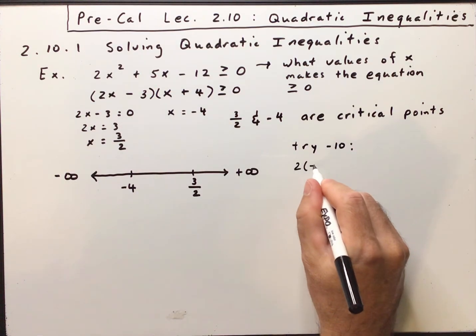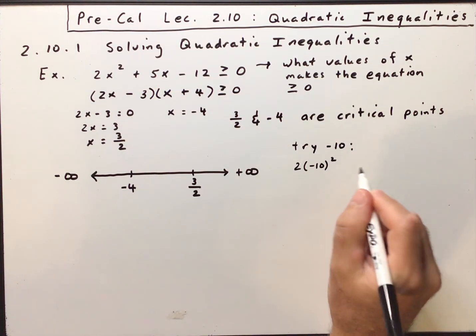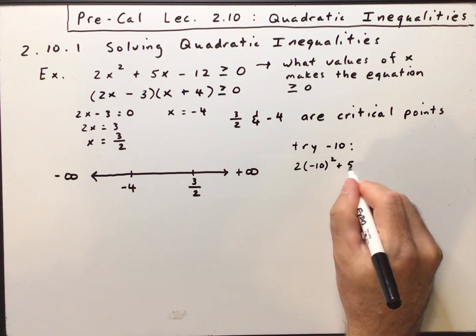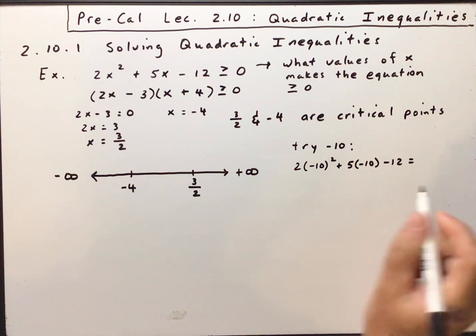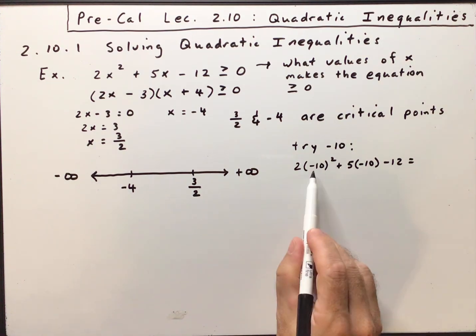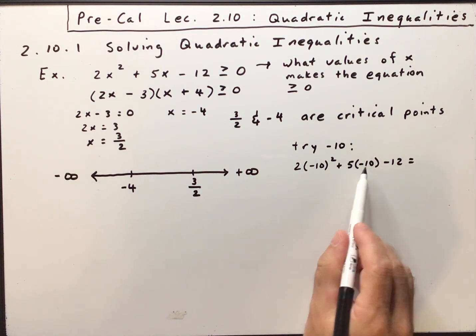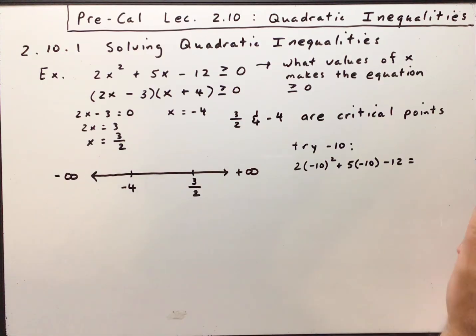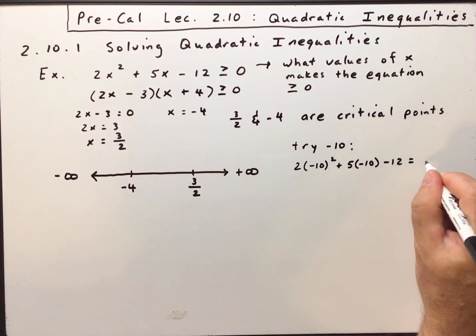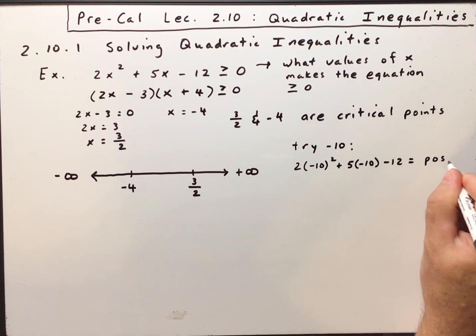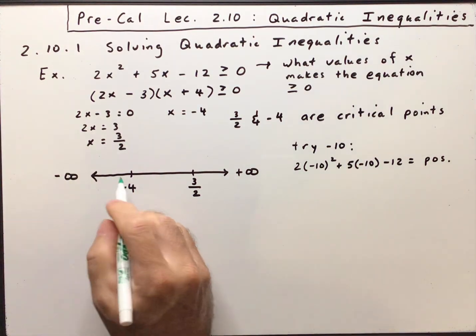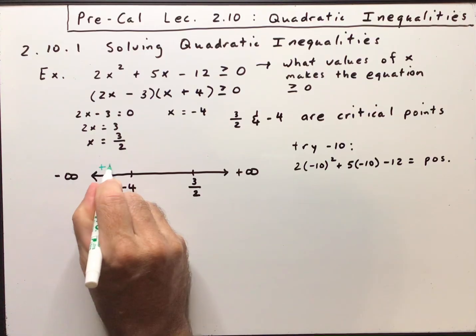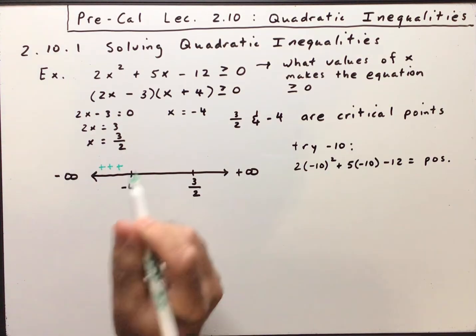So 2 times negative 10 squared plus 5 times negative 10 minus 12. Well, negative 10 squared is 100. That's 200 minus 50 minus 12. I don't really care what the answer is. I know it's positive.